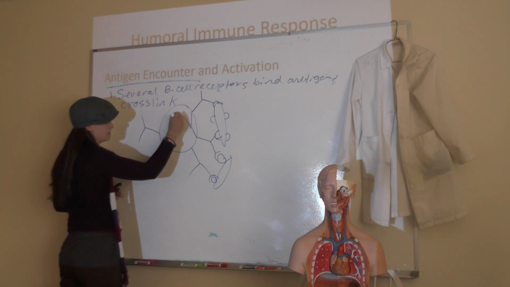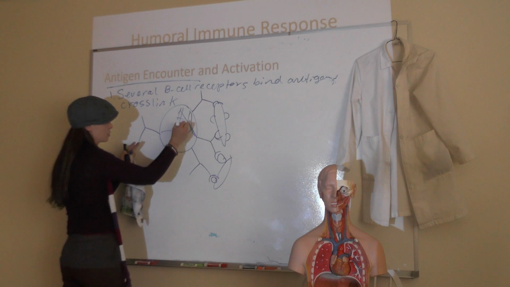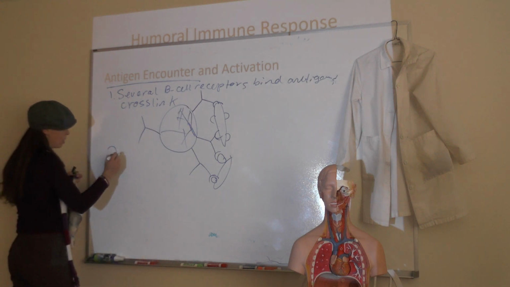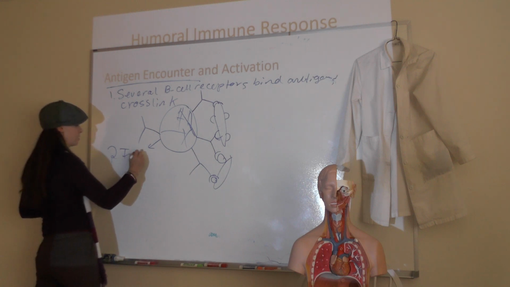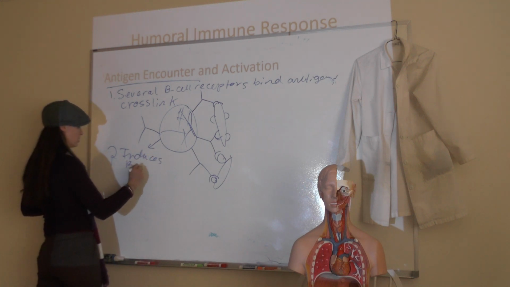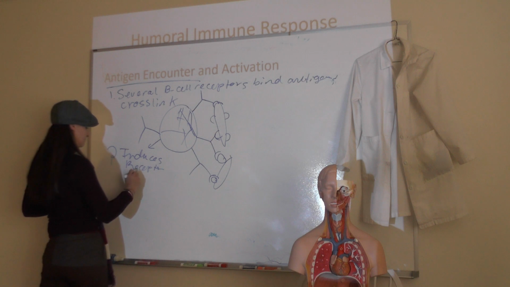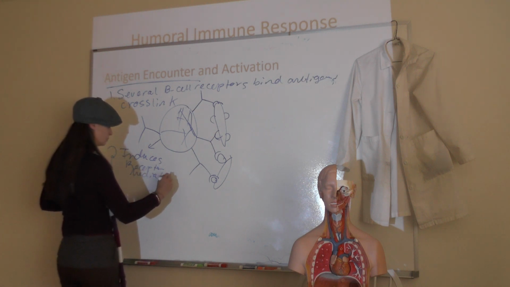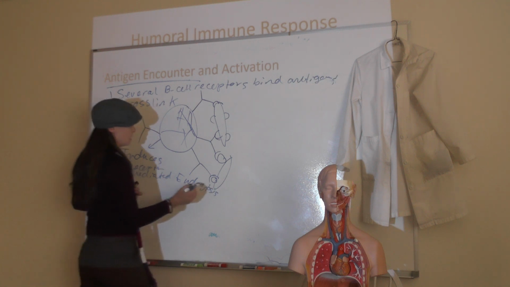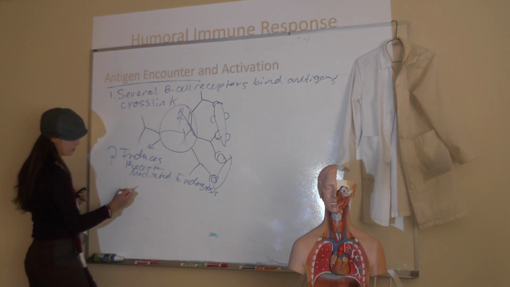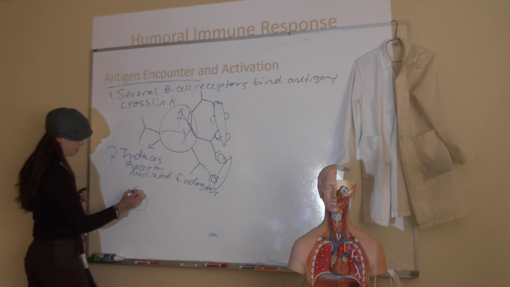What does that mean? Well, inside the cell we'll have all of these changes that occur, so these receptors cross-link, and now this is going to induce receptor-mediated endocytosis. So what does this look like? Well, if we were to zoom into the B cell, it's going to pull in this vesicle with all of those bound receptors.